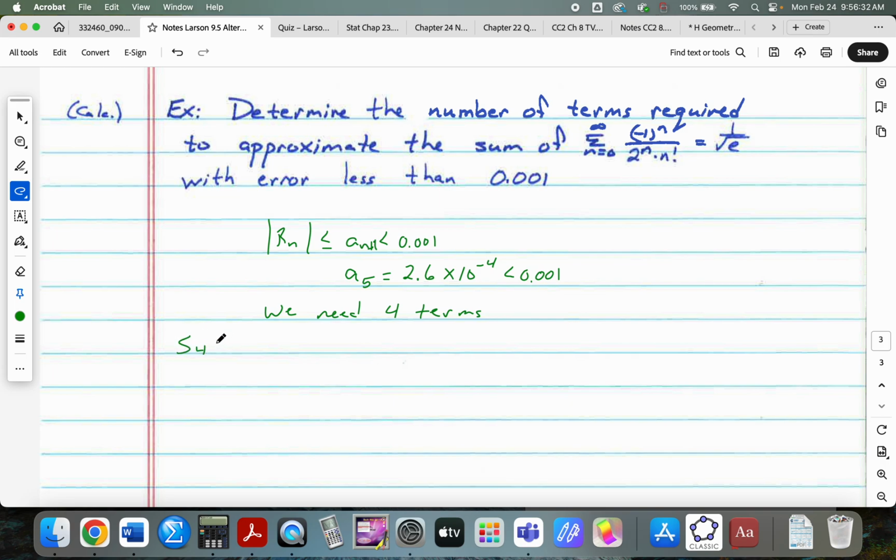So the sum of the first 4 terms, the first term is going to be 1. I've got negative 1 to the 0, which is 1. I'm sorry, it's going to be 1/2. 2 to the 1 is 2. I'm sorry, 2 to the 0, it's 1. I apologize.